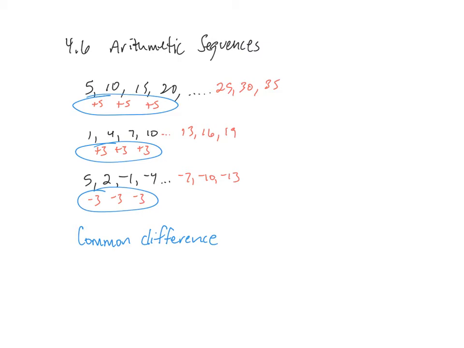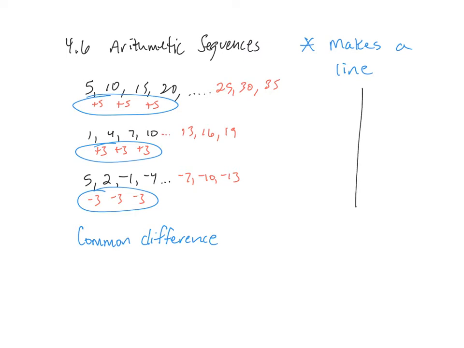So the big thing is that an arithmetic sequence makes a line. So there's a couple of graphs that say determine whether the graph represents an arithmetic sequence. If you connect the dots, it needs to be a straight line.